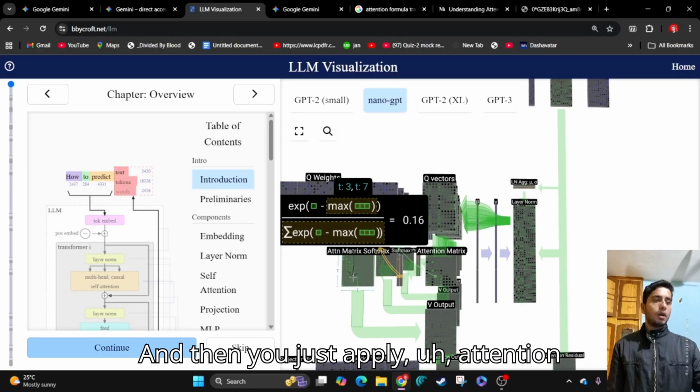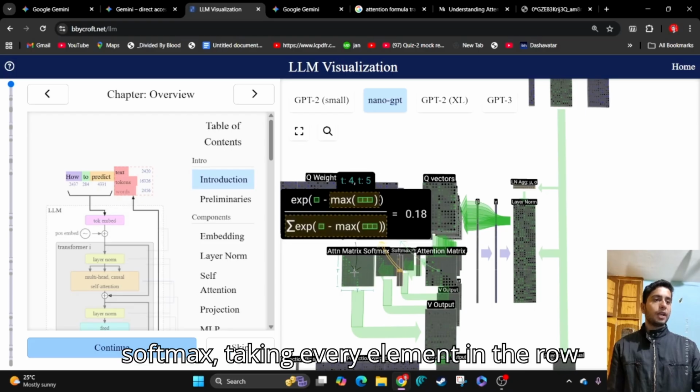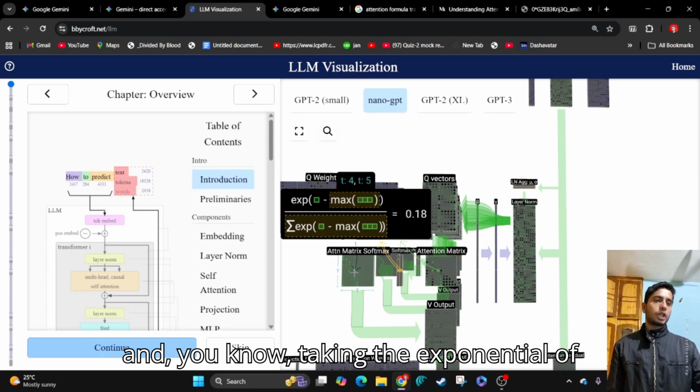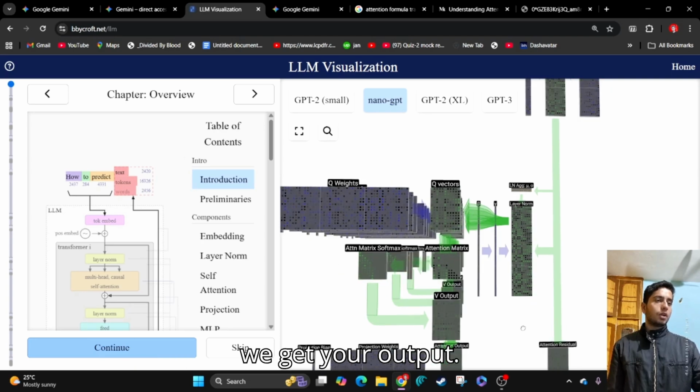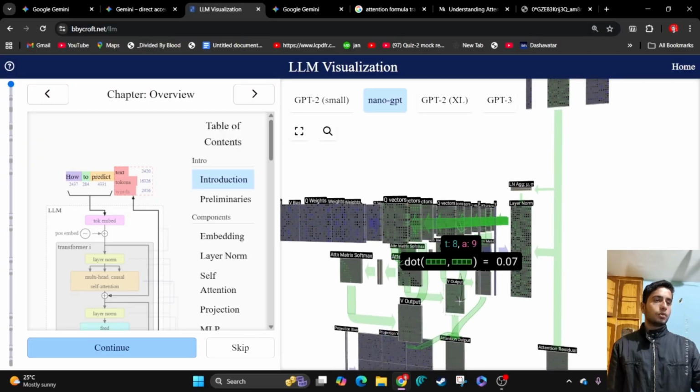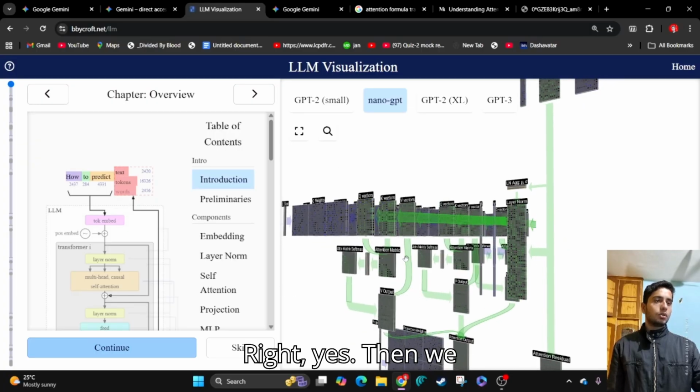Then you apply softmax, taking the exponential of every element in the row, and we get the attention weights.